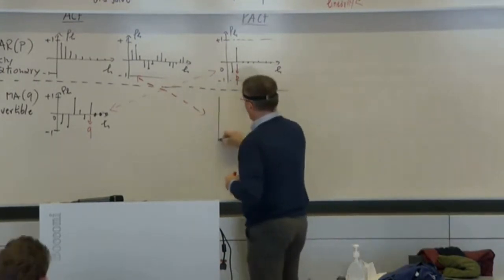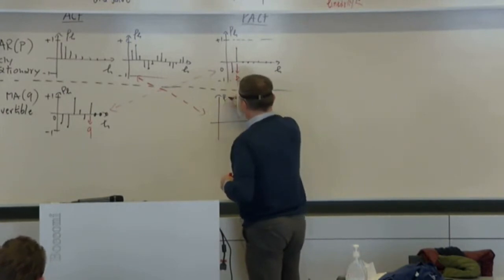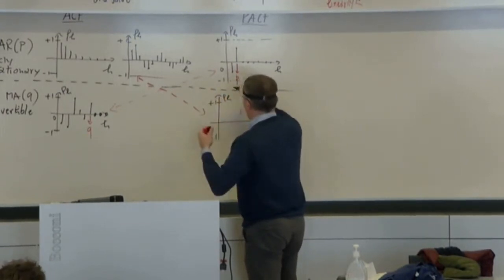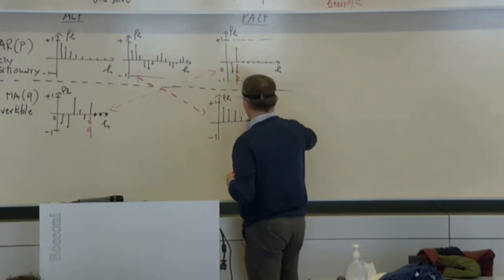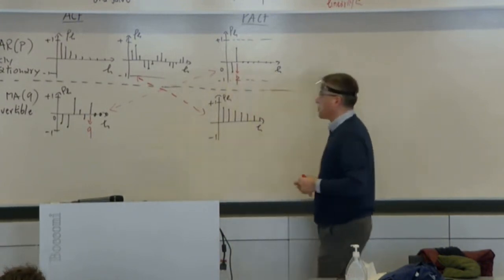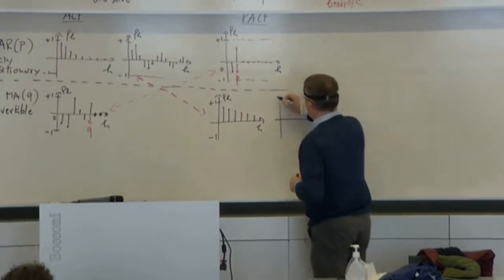So quickly, h, rho h, plus 1, minus 1. So there is one going like this. Now I will do something that decays slowly, but there is nothing special or wrong with that. And then I will do a classical oscillatory one.